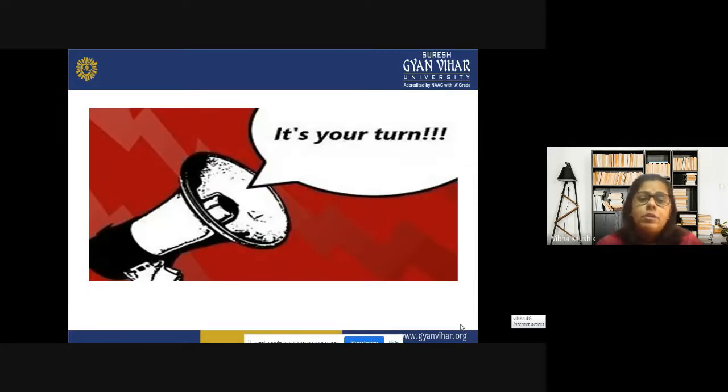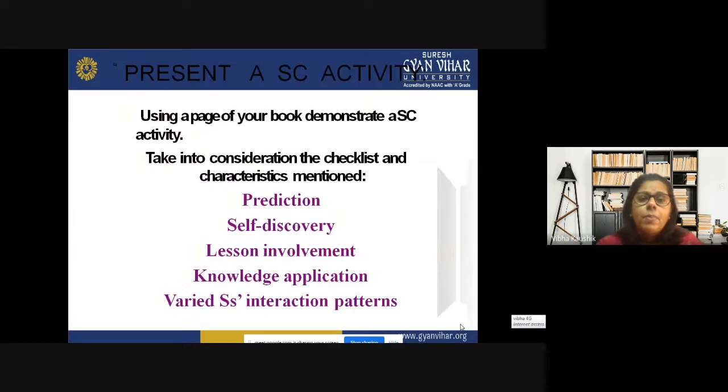It's your turn. Present a student-centered activity using a page of your book. Demonstrate a student-centered activity. Take into consideration the checklist and characteristics mentioned. Prediction: you have to be able to predict. Self-discovery: whether the students will be able to discover some fact or not.